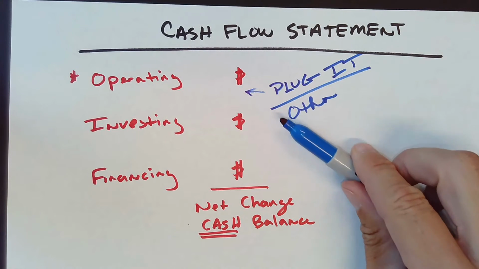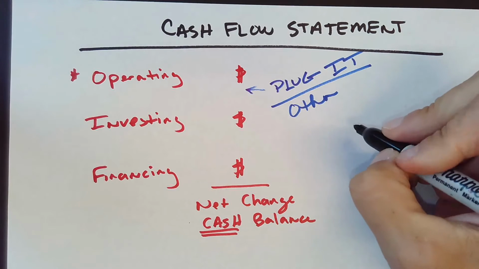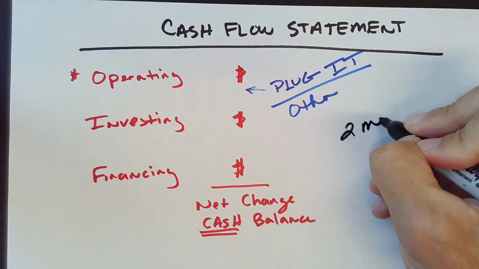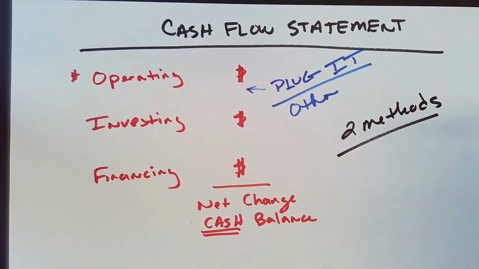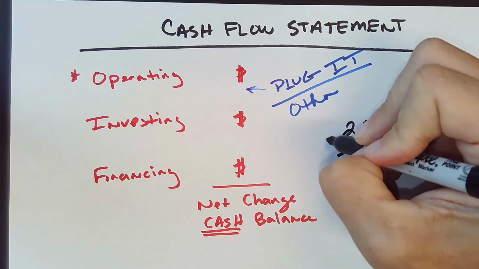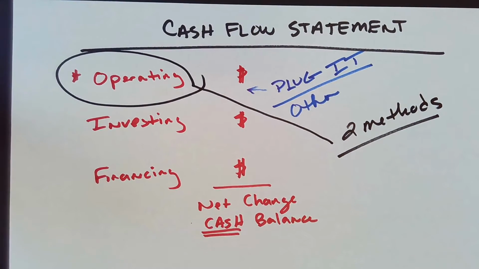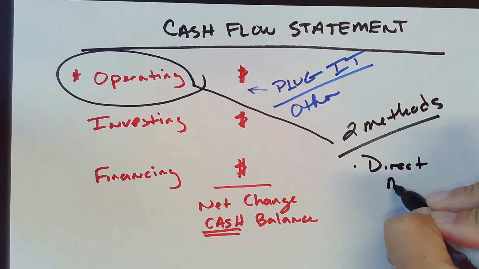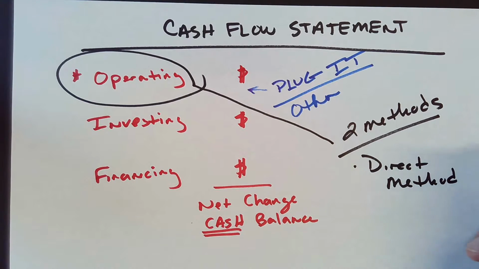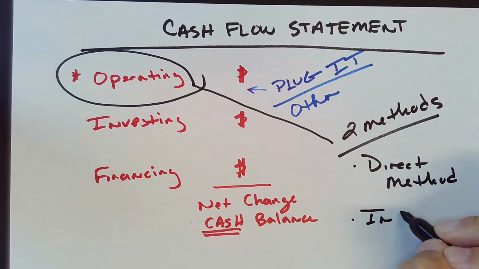So there's three components and there's two methods that we use. And both of these methods relate to how we do operating cash flows. One is the direct method. And the other is the indirect method.